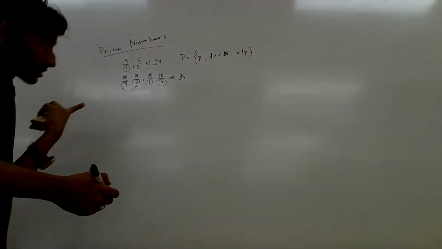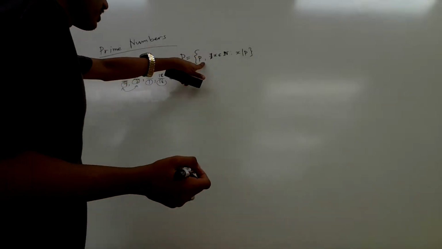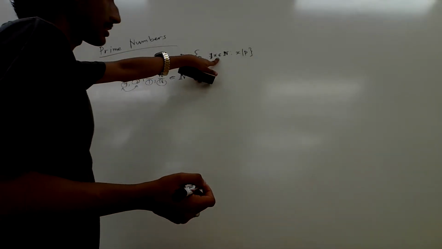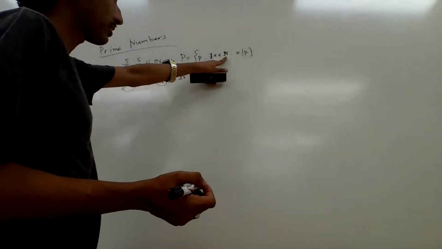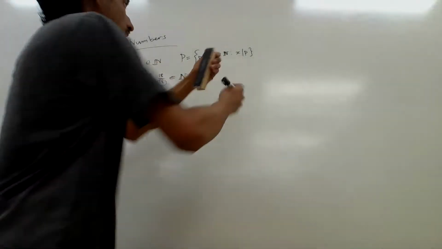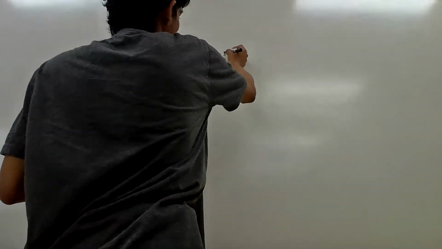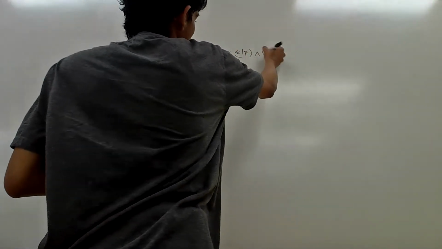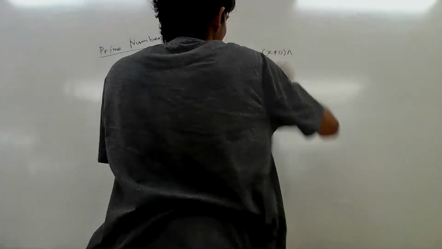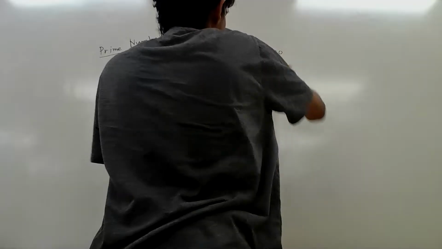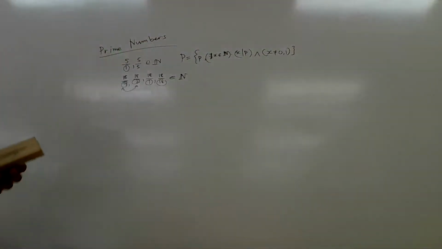It's a very bad definition, but you can use it for now, which basically means that there is no number x in the naturals which can divide p, and x not equal to 0 or 1. So that's the basic definition.